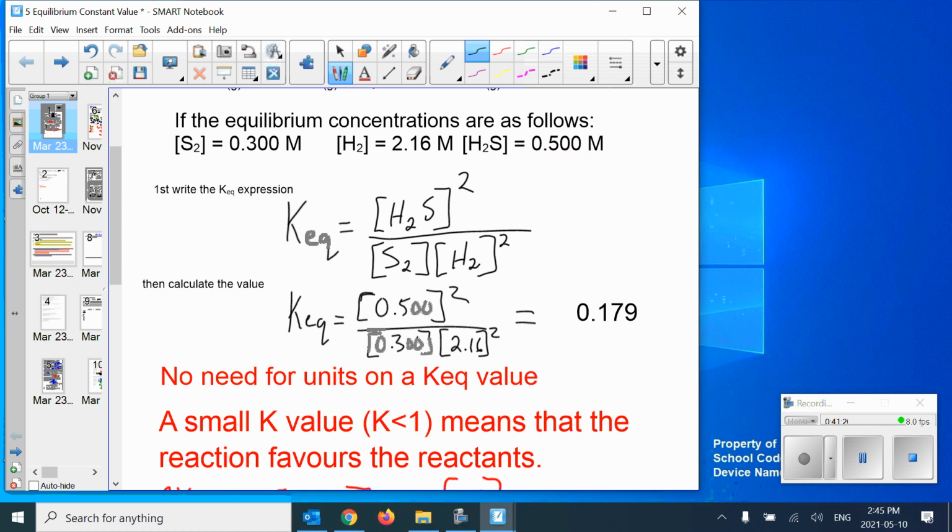And you should get 0.179. Verify that. If you're not, I know what it is. So ask me if you don't.